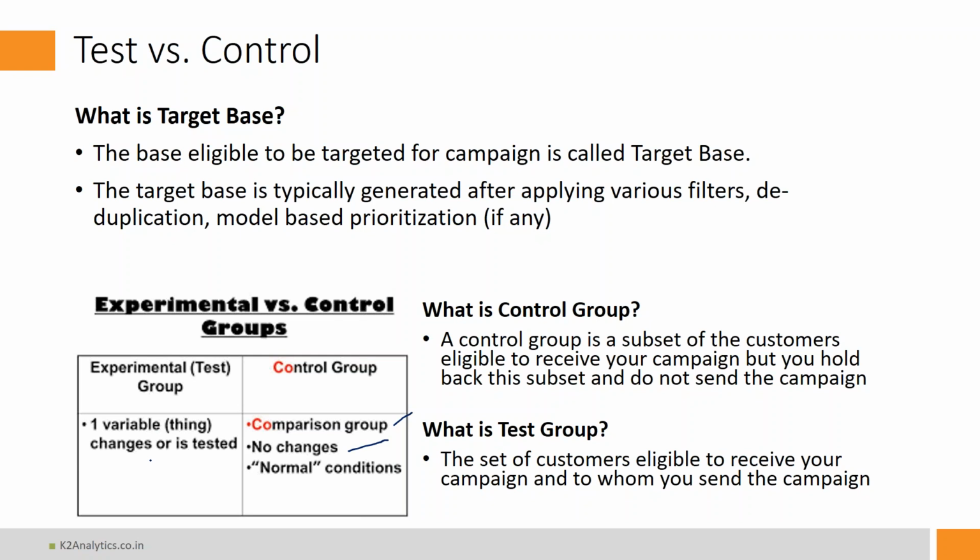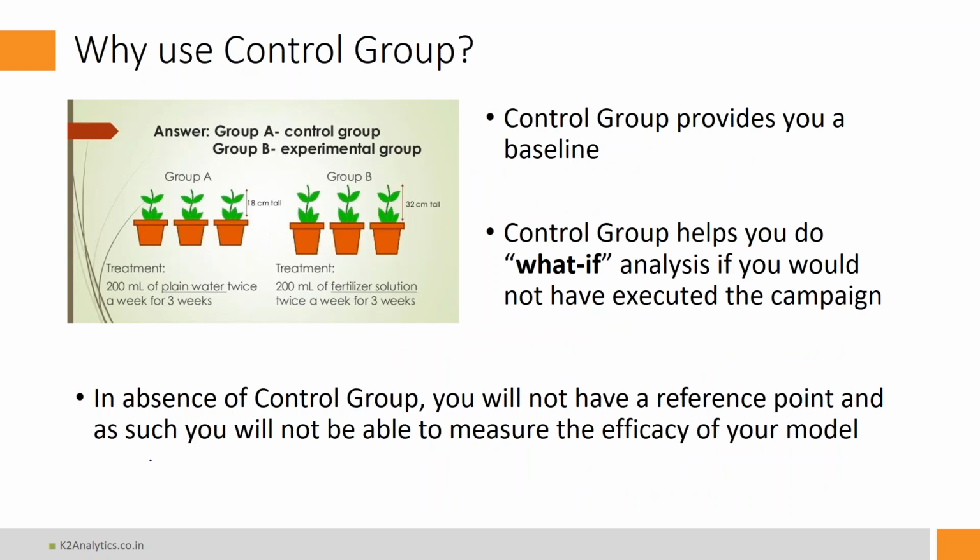If things are not very clear, let's take this example. The graph, the tree pots you see in group A and group B. Group A is a control group. Group B is my experimental group. The treatment that I am giving to group A is some plain water twice a week for 3 weeks.